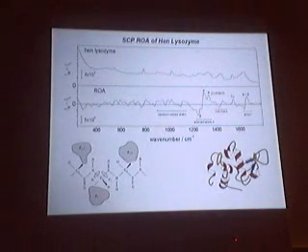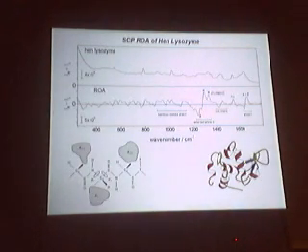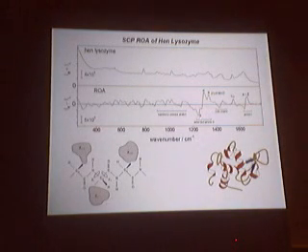Just to point out a few features. This stuff here at about 1650 wave numbers or so, that negative positive couplet, is coming from the amide I vibrations. That's the backbone CO stretch, and that negative positive couplet is associated with both helix and sheet.